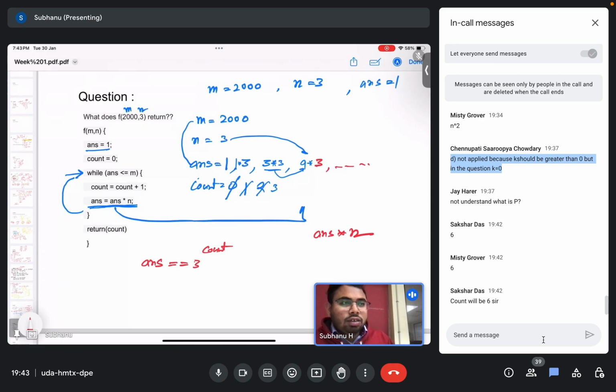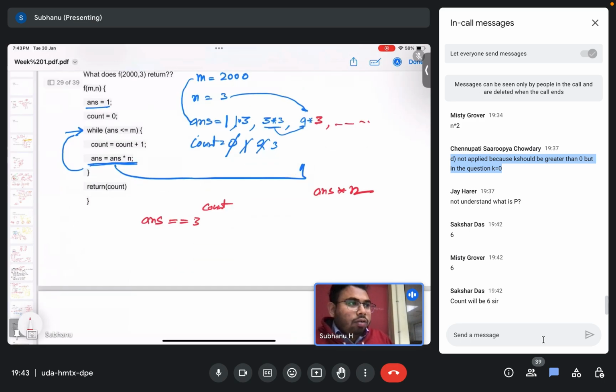No, count is not 6 here. I'll show you why. This is the main problem. So answer is equal to 3 to the power count.